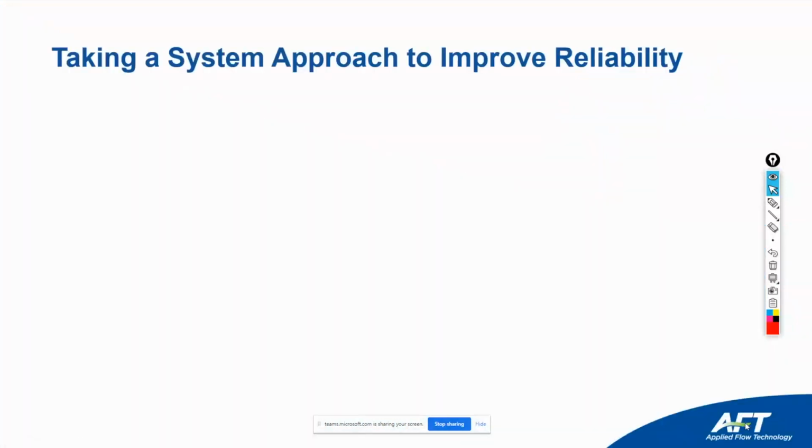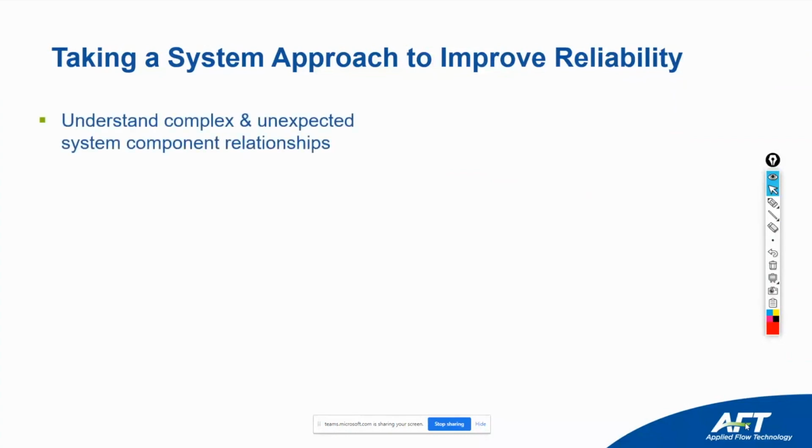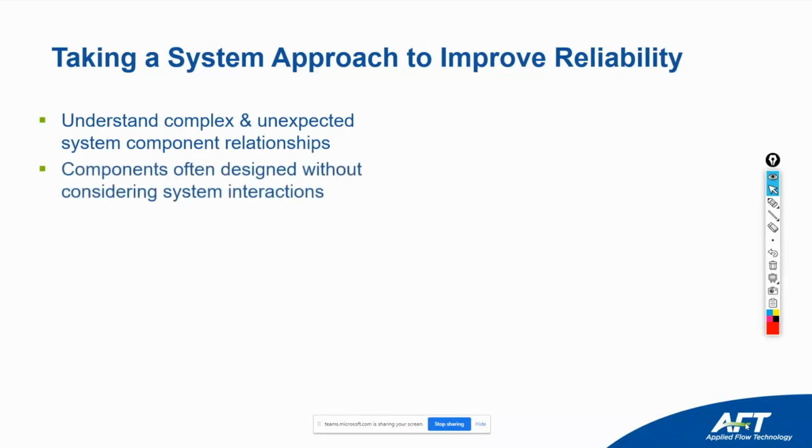And so it's really important to take a system approach in your piping system to help improve reliability. One of the benefits is that you have a much better understanding of your complicated system and how your various components can interact with each other. A lot of times during the design stage, components are designed without considering system interactions, and that can lead to various issues.